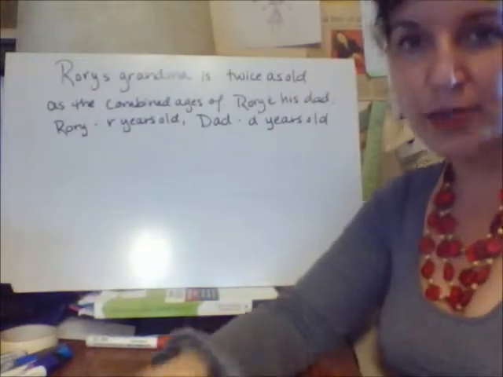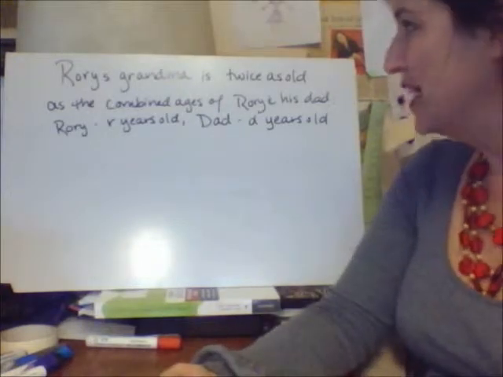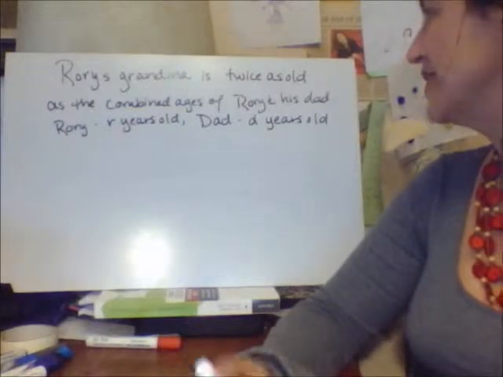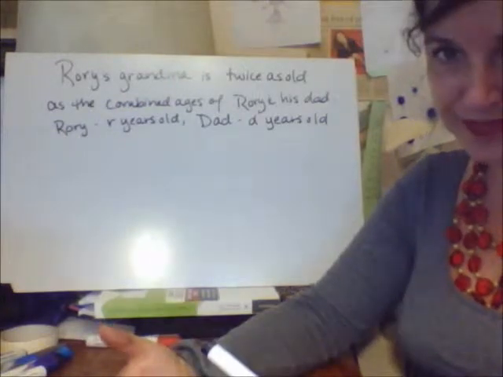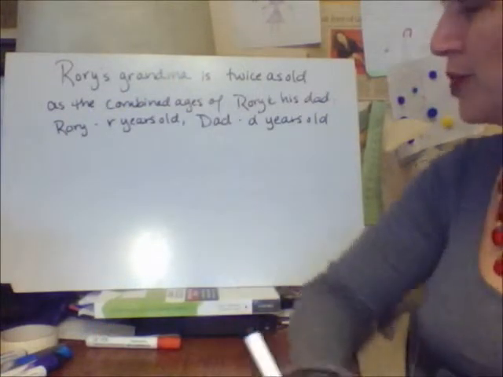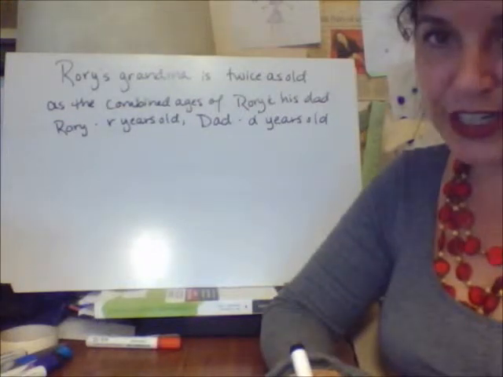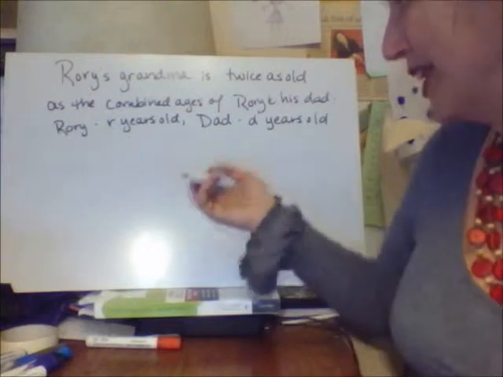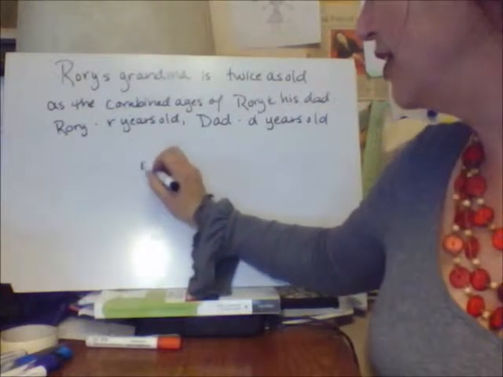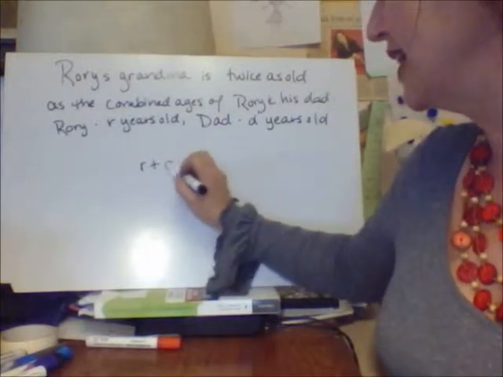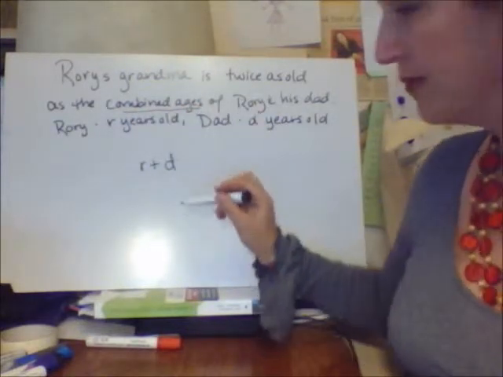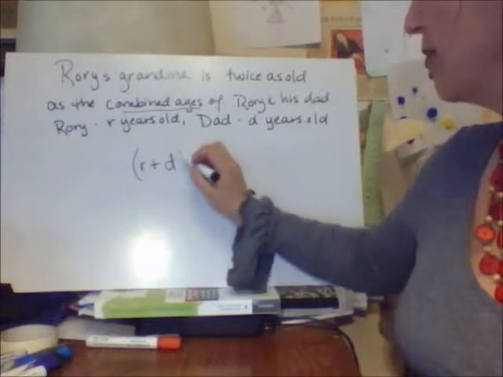A slightly more complicated example. Rory's grandma is twice as old as the combined ages of Rory and his dad. For Rory, we're going to use R, little r, and for dad, we're going to use D. So we don't know how old they are, but we can say R plus D, so that's where you get the combined ages, R plus D, and you're going to multiply that by what?